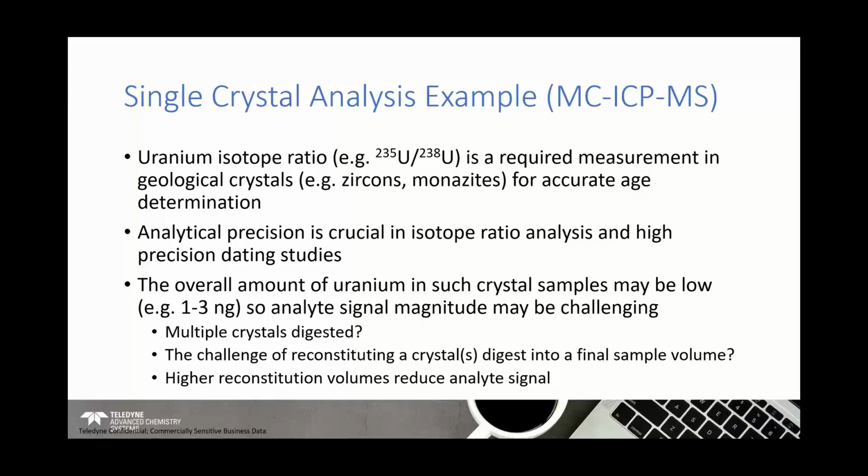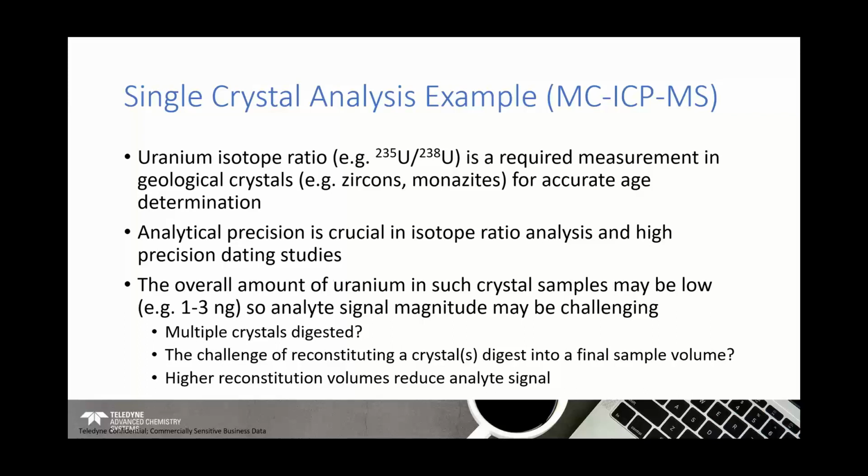Also, in samples of this kind, the overall mass of uranium that might be present, i.e. the concentration, might be very low. You might be looking at something like 1 to 3 nanograms of uranium in that kind of crystal sample. In that situation, if you do a digest and a dilution, you might have challenges with the signal that you're looking to measure.